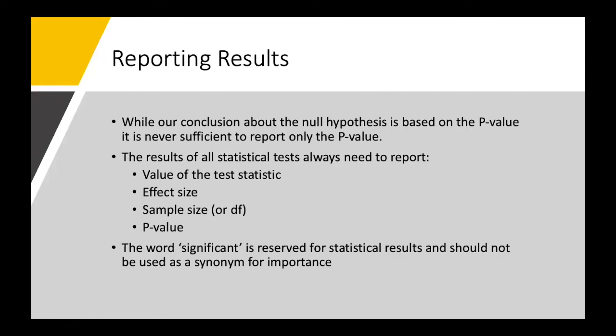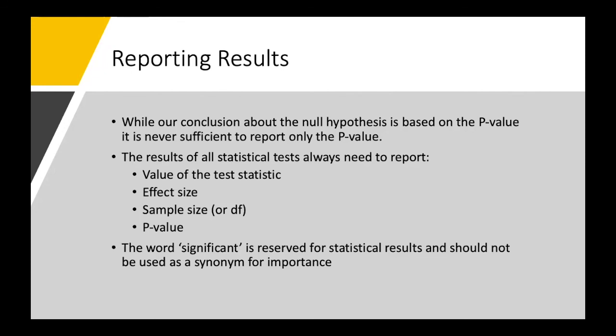We've talked a lot about p-values and their interpretation, but I want to spend a little bit of time talking about how we ought to report our statistical results. While our conclusions about our null hypothesis are based on the p-value, it's never sufficient to report the p-value alone.